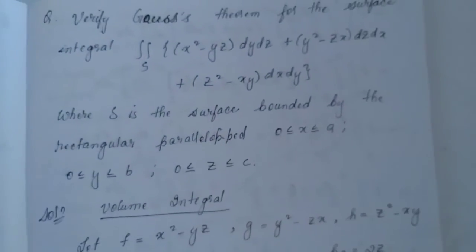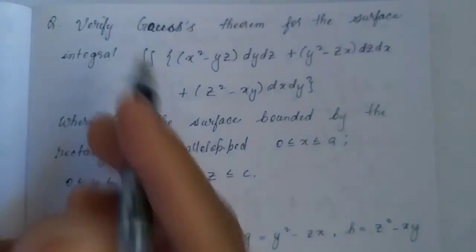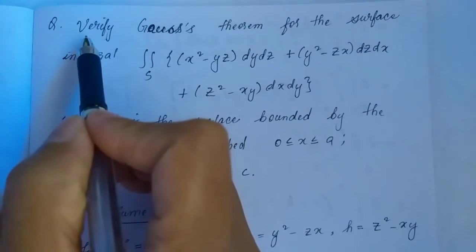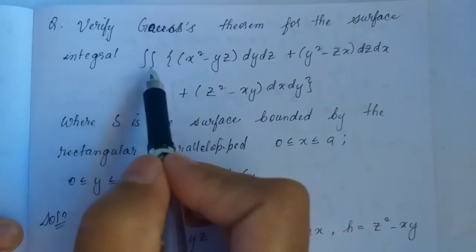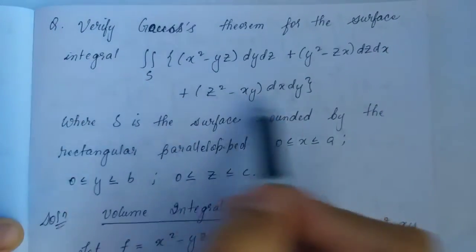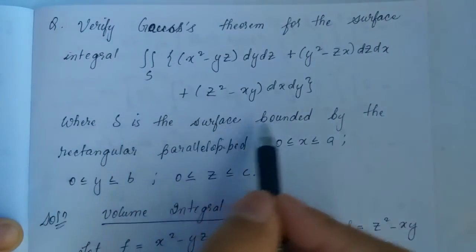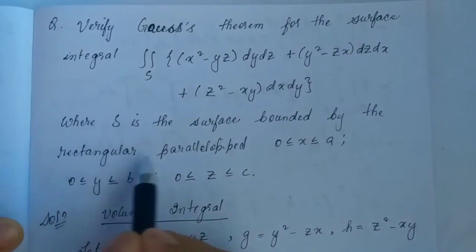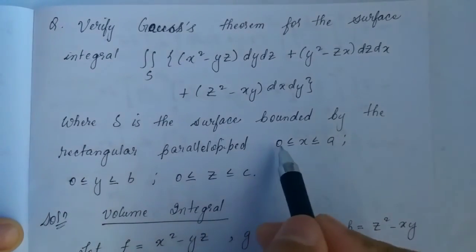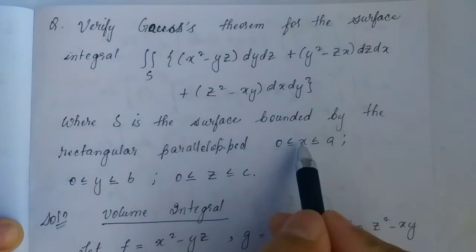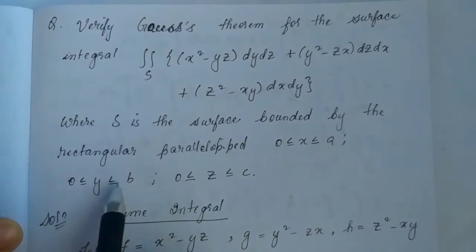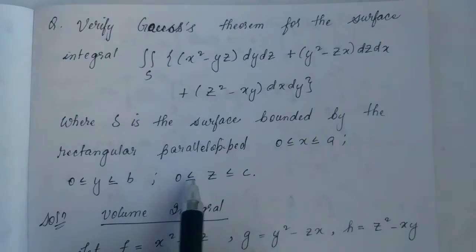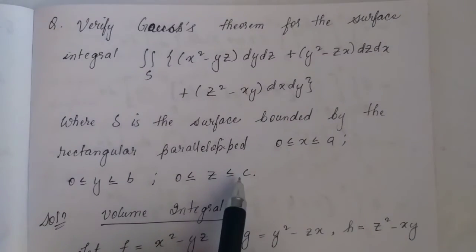And in this third problem, we have to verify Gauss theorem for the surface integral, where S is a surface bounded by the rectangular parallelepiped. The value of x ranges from 0 to a, y from 0 to b, and z from 0 to c.